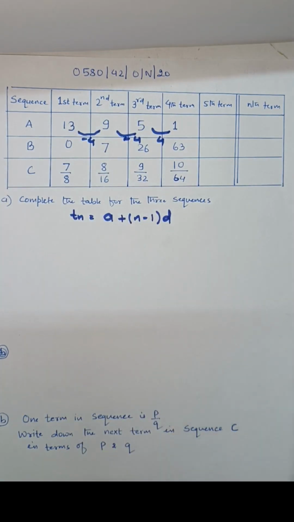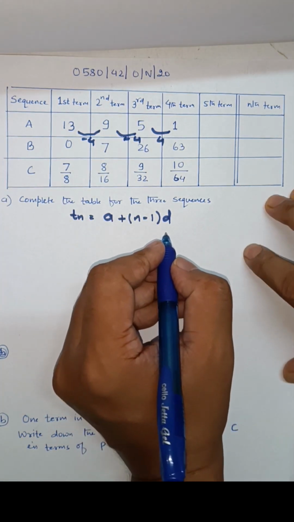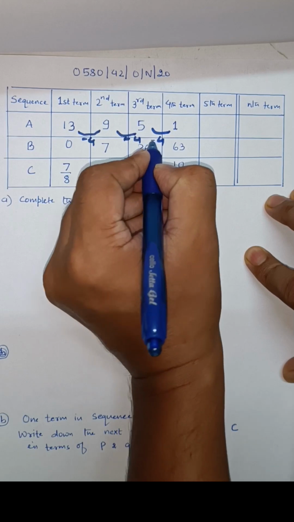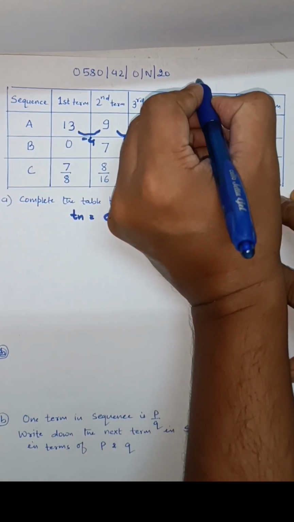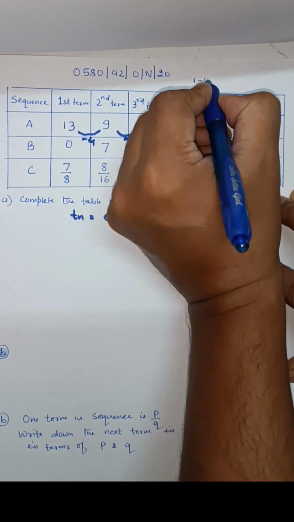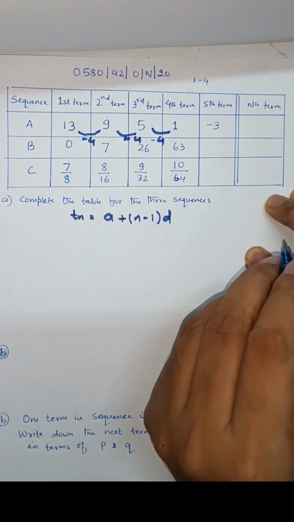A is the first term, n is the number of the term, and d is successive minus preceding, which is the common difference. In this scenario, it is going to be minus 4. So the next term will be 1 minus 4, which is going to be minus 3. So this is my next, or the fifth term.